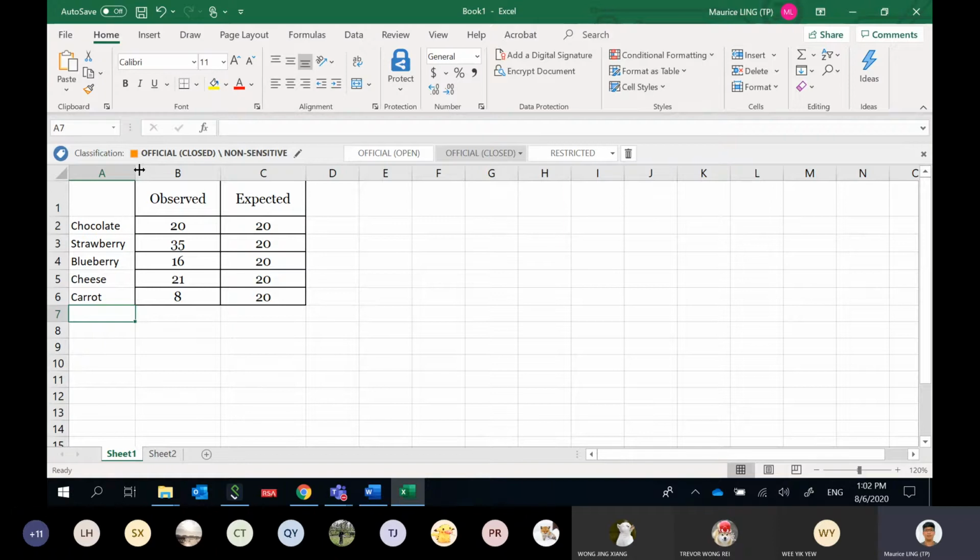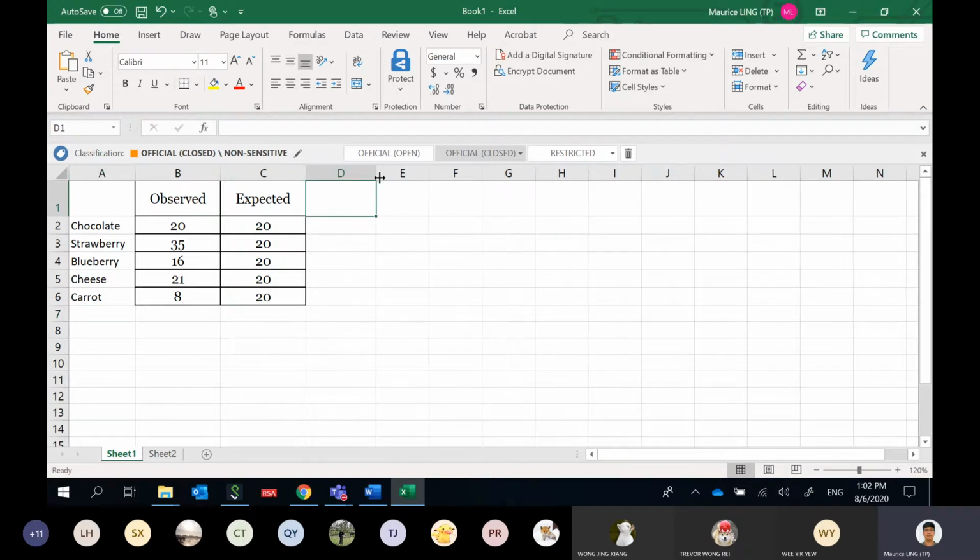Once you're ready, similarly, you can do the observed minus expected squared divided by expected. So you take observed minus the expected, square it, divide by expected. Do up to this part first. Once you are done, you can raise up your hand.